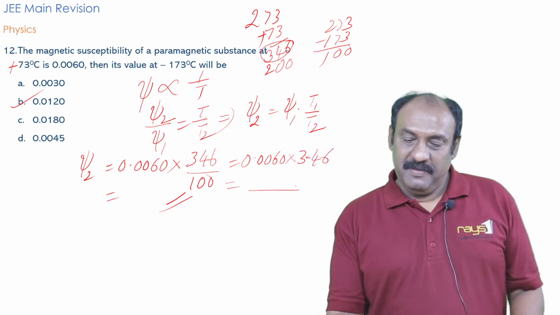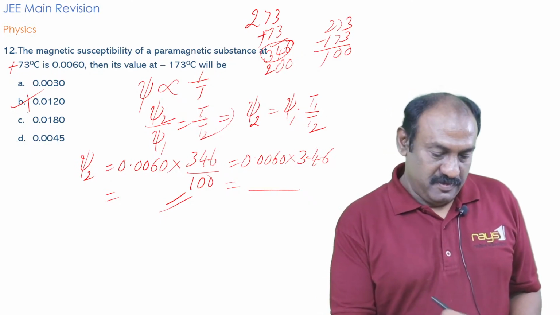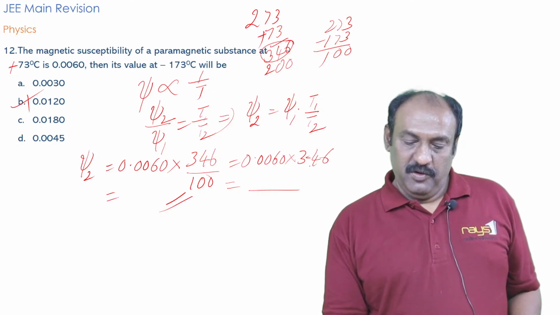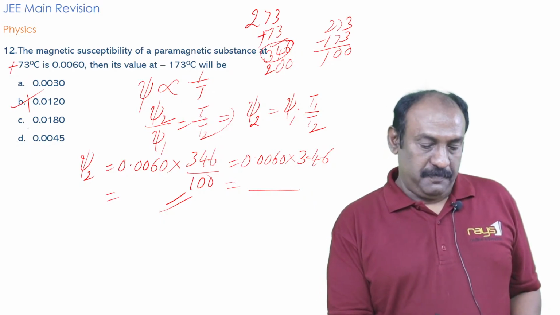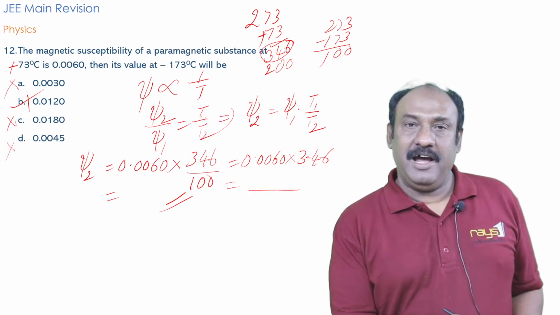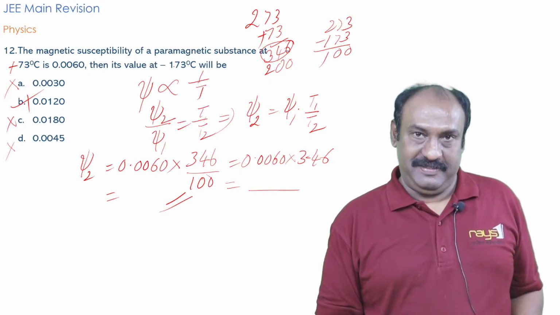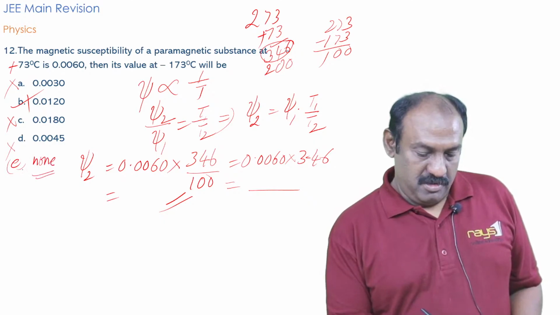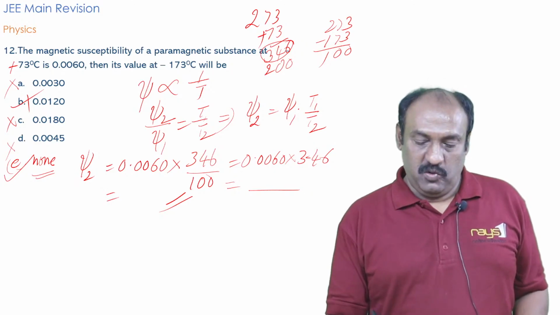So it is roughly 3 times 6, 1.8 or something, so the answer is approximately 2.4. No option matches, all options are wrong, because they have taken minus 73 and minus 173. So E, none of the above. The answer is none of the above for question number 12.